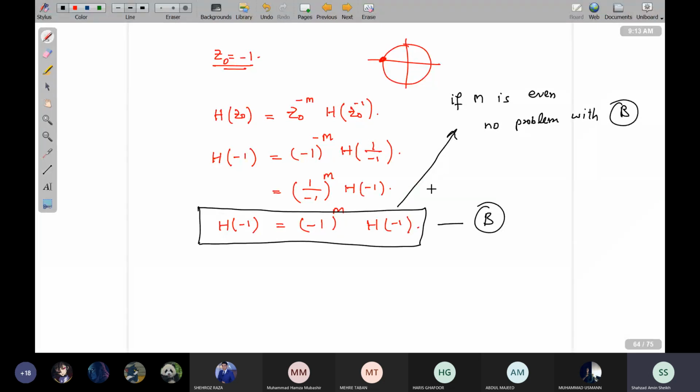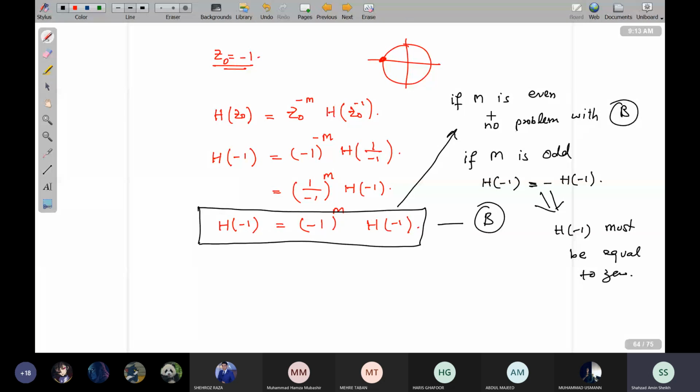But if m is odd, there must be some restriction on h of -1. What's that? In that case, h of -1 becomes minus h of -1, and this indicates that h of -1 must be equal to 0.